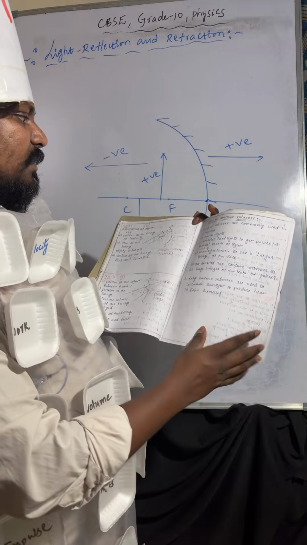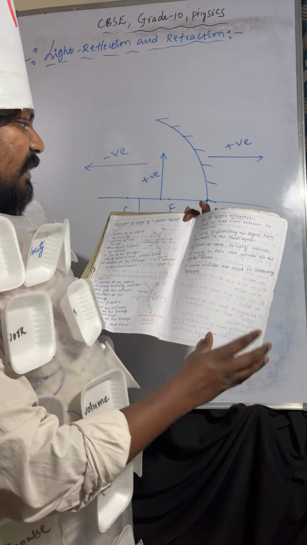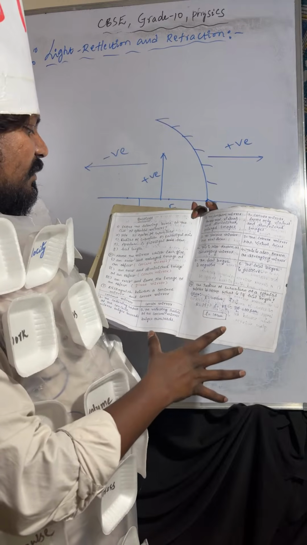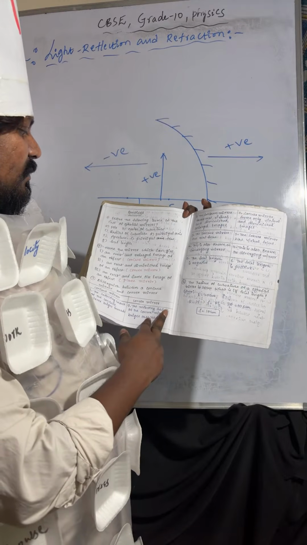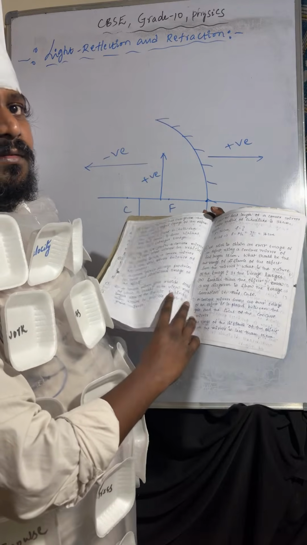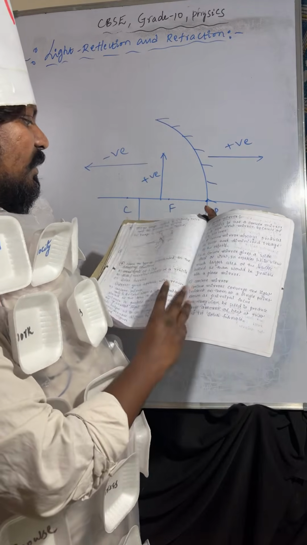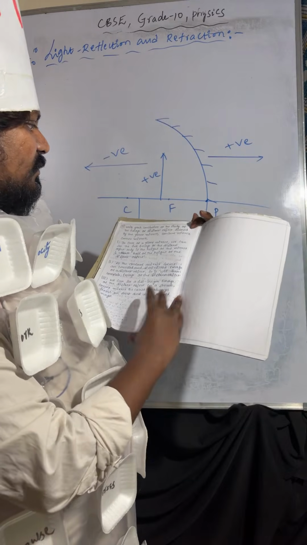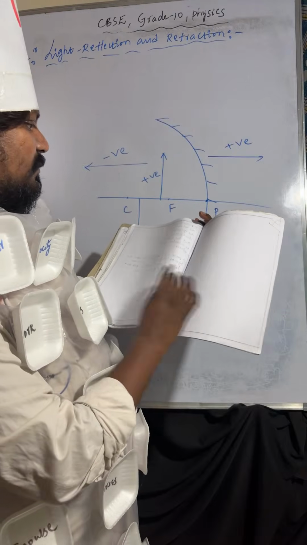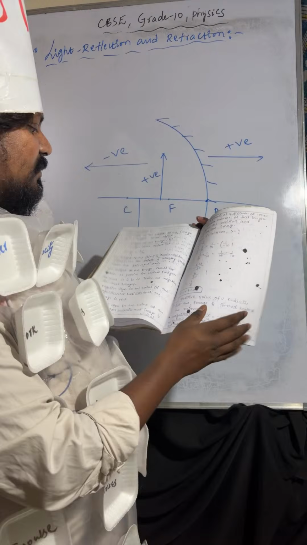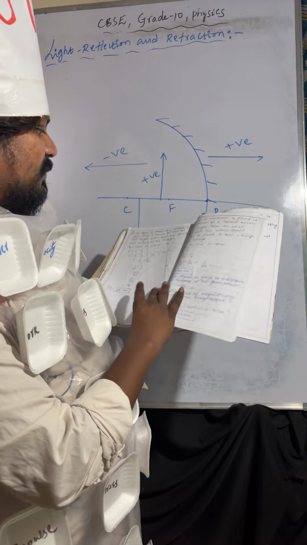Here you can see concave mirror, convex mirror, uses, and so on. You can zoom in to see it. This is my handwritten notes, and these are the problems.